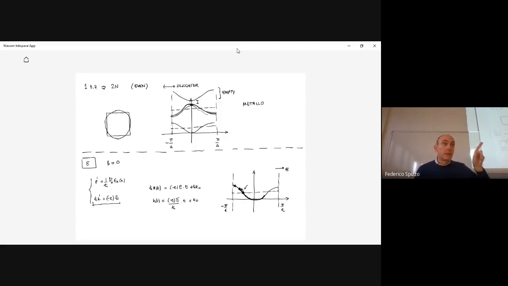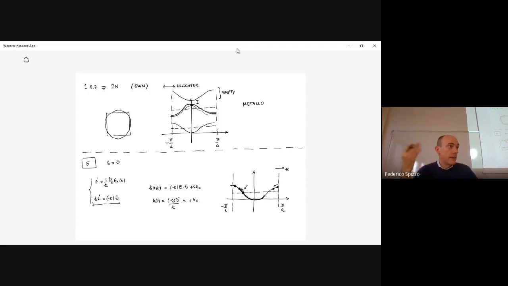In principle, the level should jump out of the first Brillouin zone, but for periodicity, what exits on the left side comes back on the right side. So the level exits on this side and jumps in on the other side. When the level jumps in, you have a 0 velocity because you are at the border of the zone. But as soon as the level approaches the center of the region, then the velocity is positive.